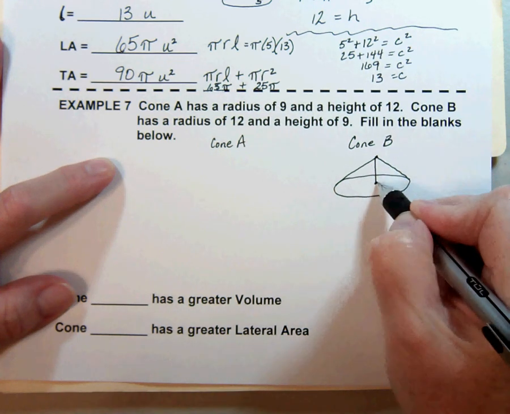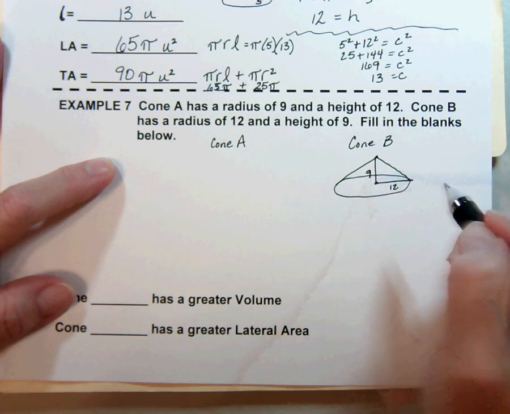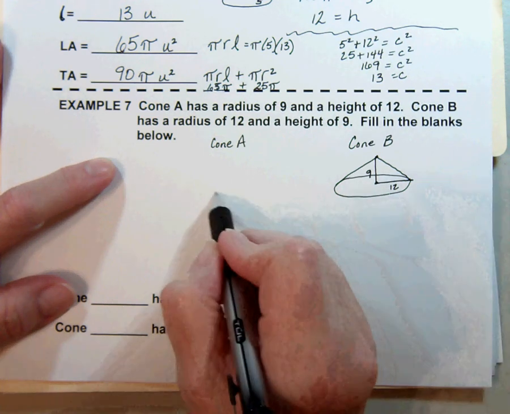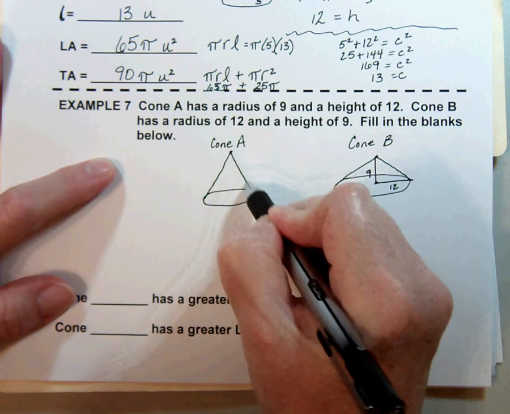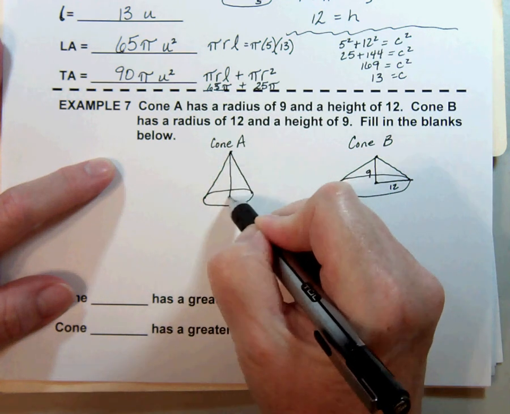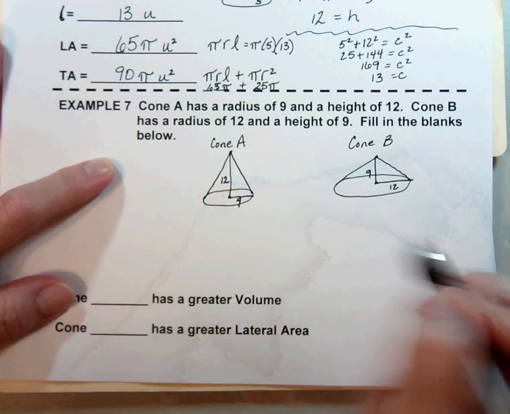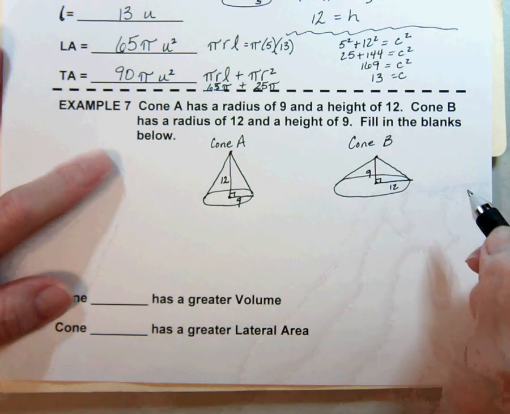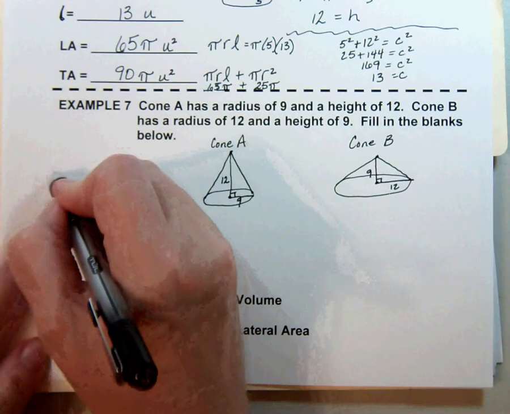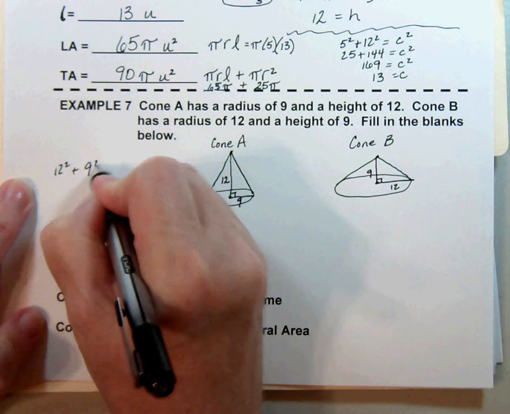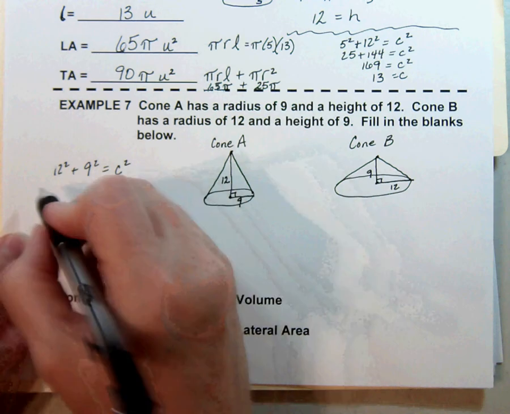Sort of like this. So the radius is 12 and the height is 9. And on cone A, it's got a smaller radius and a taller height. So when we sketch it, our radius is 9 and our height is 12. Even though they look different, the triangles really are the same triangle, just turned. If we did the Pythagorean theorem, 12 squared plus 9 squared, this is actually another Pythagorean triple.